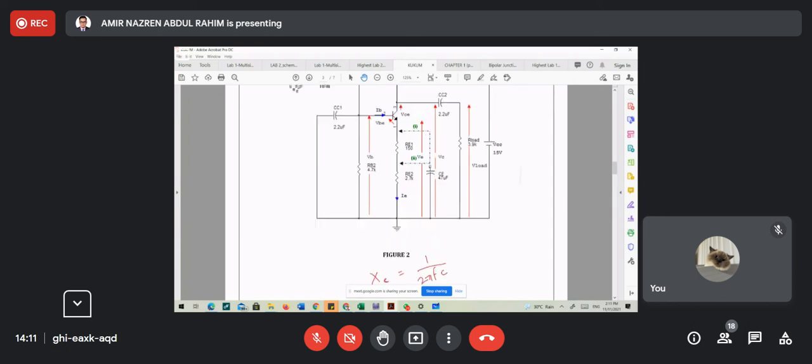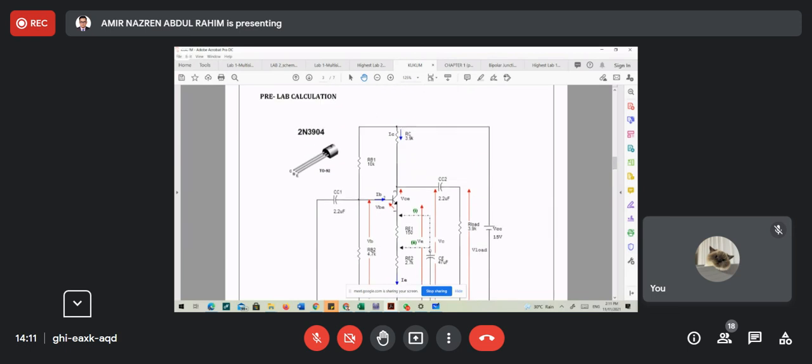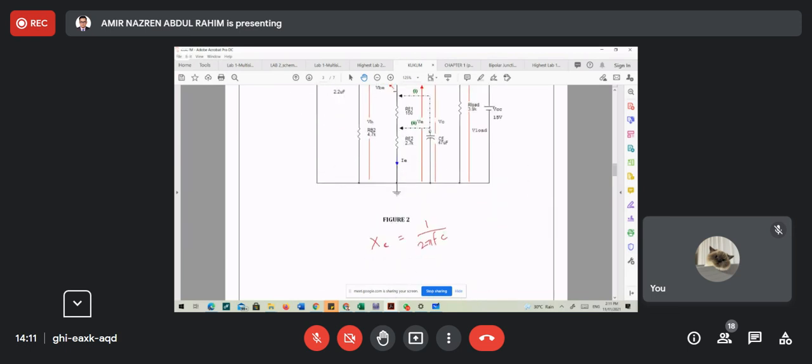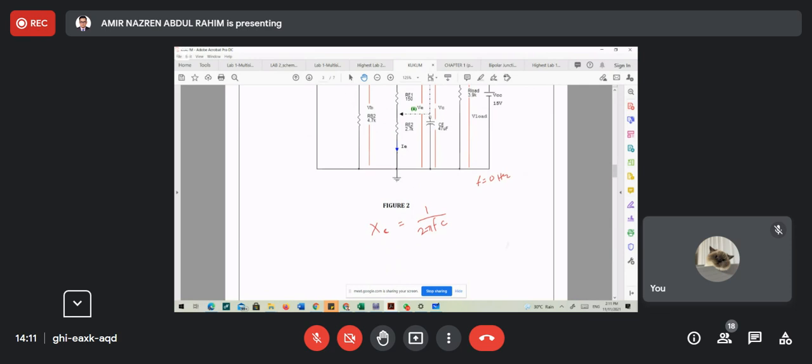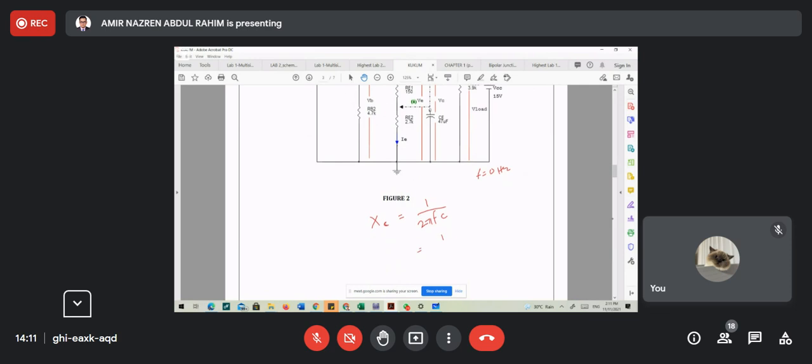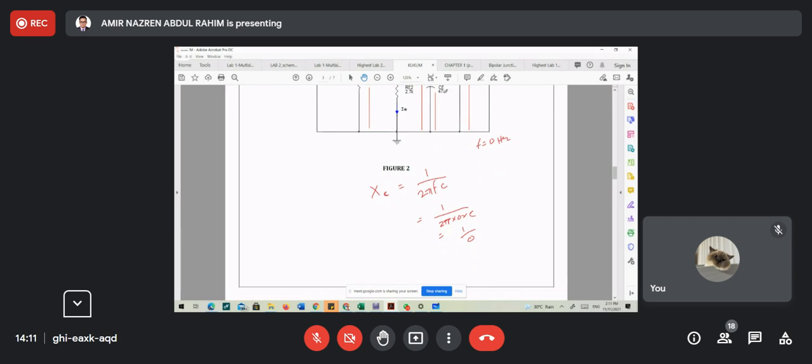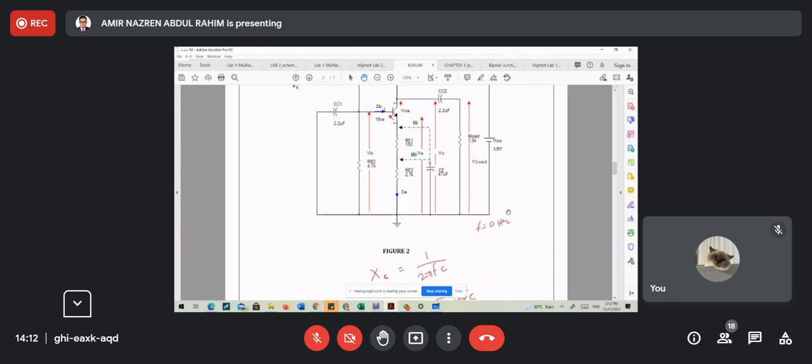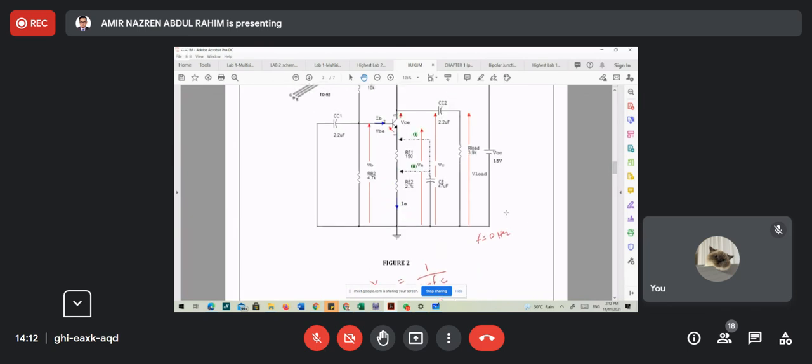So in the DC, we have no frequency, so we can assume that frequency is 0. Anything times 0 gives 0, and 1 over 0 means the capacitor acts as an open circuit. It means that if we have any capacitor in a DC analysis, we need to open that circuit.